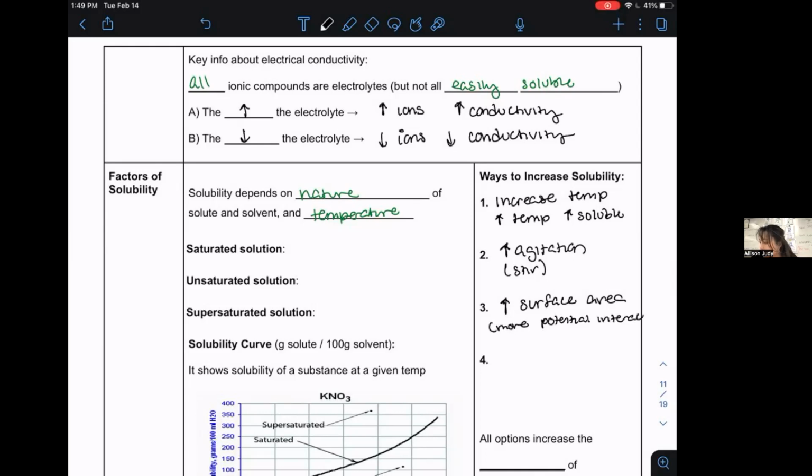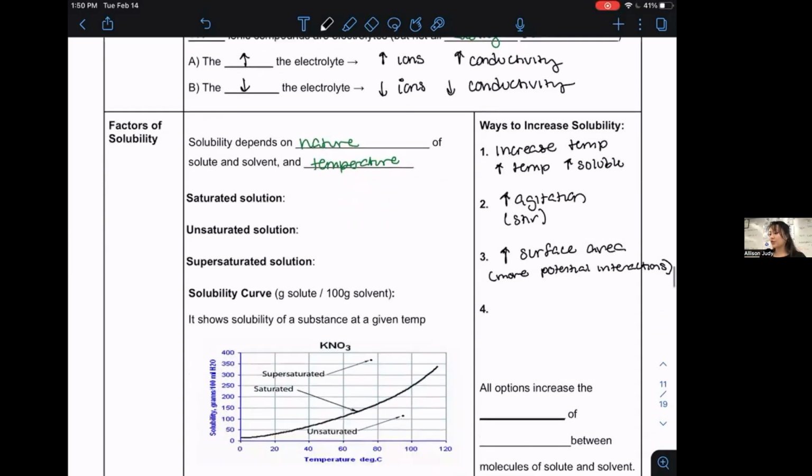Like in a room that's well spaced out, you're likely to freely encounter someone else. But if you're pushed up sardine style in a crowded room, you're never going to see that person on the other side because you can't move. Your likelihood of interacting is much smaller. That's kind of the best way. Increasing surface area is particularly valuable for mixtures involving solids, solid to liquid, stuff like that.